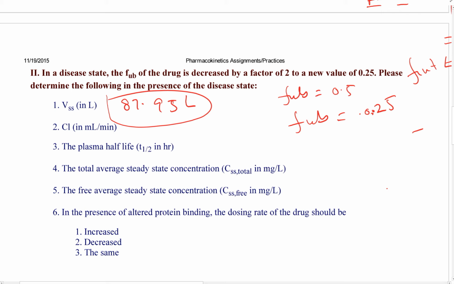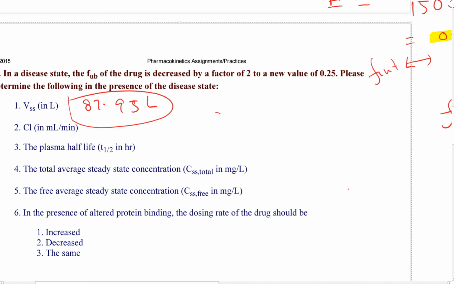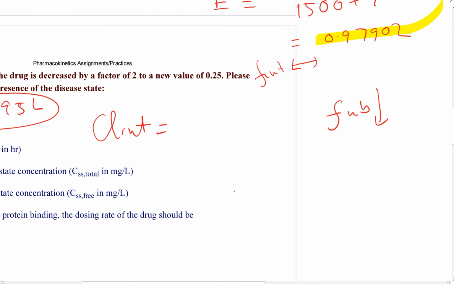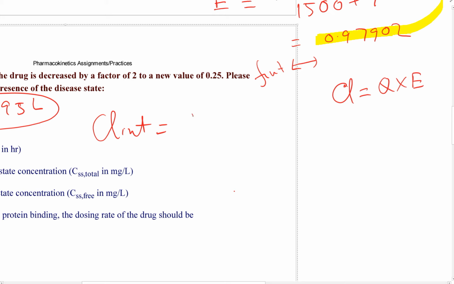To calculate clearance, we already know nothing has changed except CLINT, because FUB has changed. So to calculate clearance again we have to use that CL is equal to Q times E. So CLINT we have to calculate: CLINT times FUB.